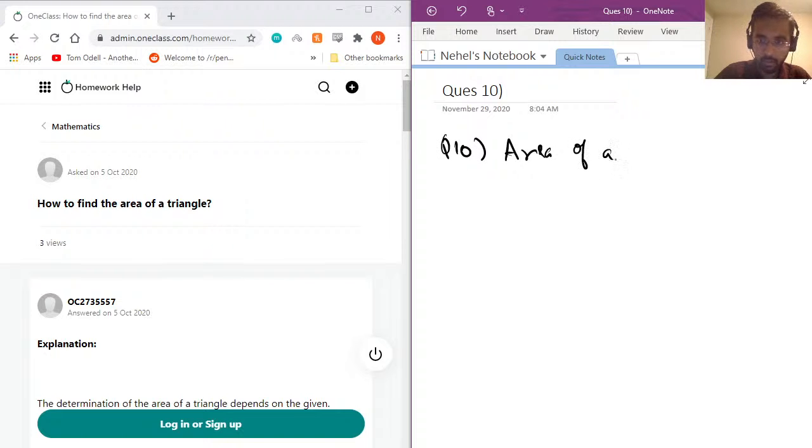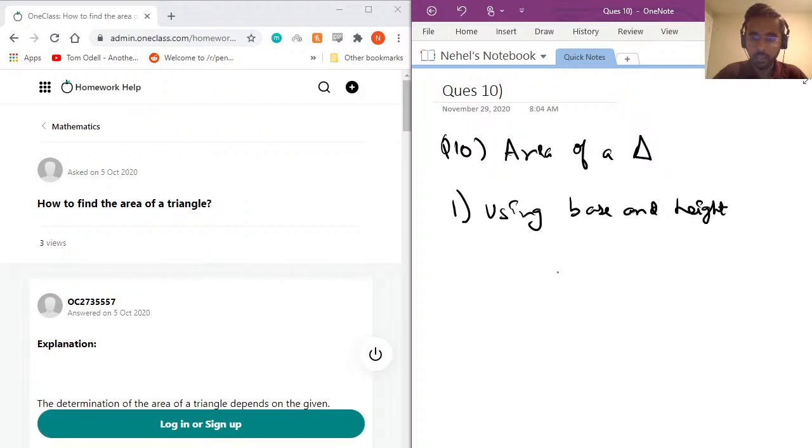Question 10, area of a triangle. The first way is using base and height. The formula for that is half times base times height gives the area of a triangle.